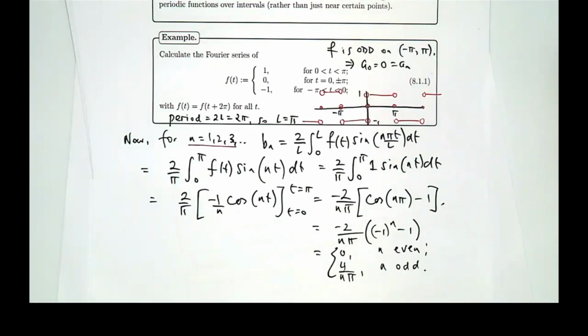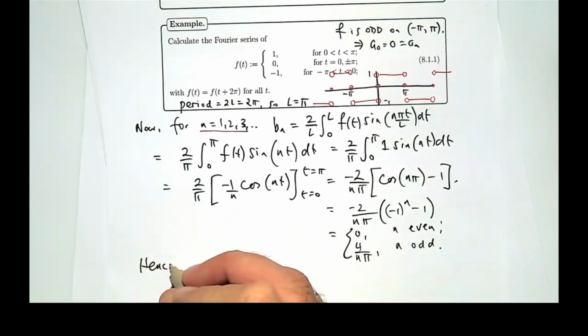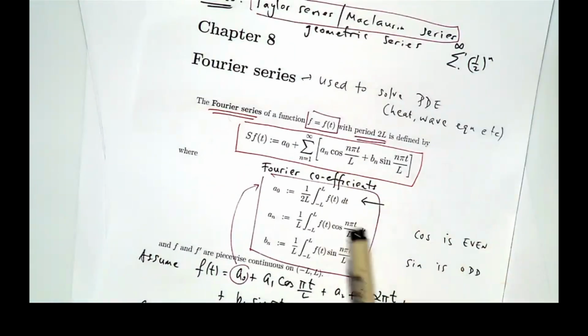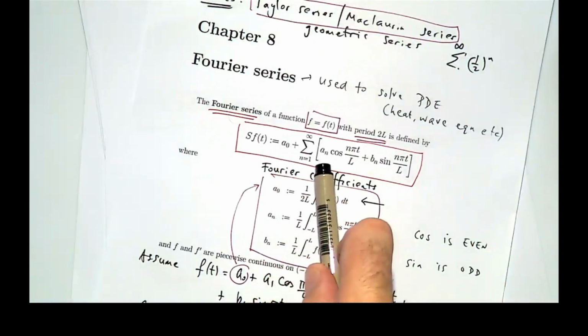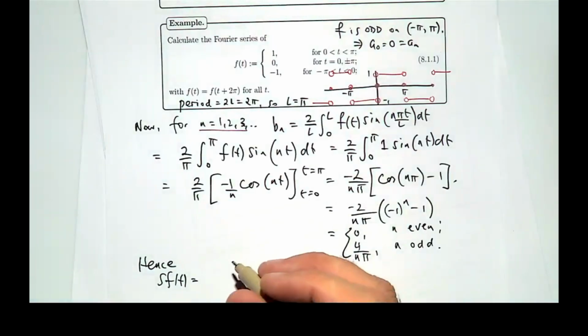So, now we can actually write out our series. We've simplified it as much as we can, and we get something that, 4 on n pi, is not bad. But let's actually write out our series and see what happens. So we can go back to this general form. We know that's going to be 0, that's going to be 0, and I'm left with this sum of sines.